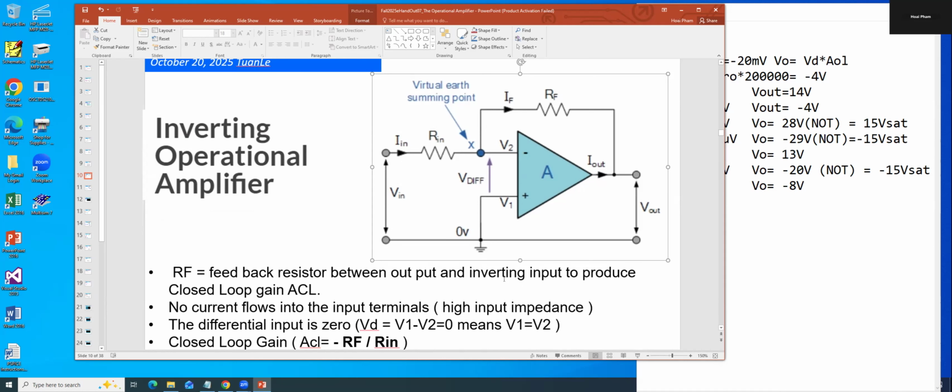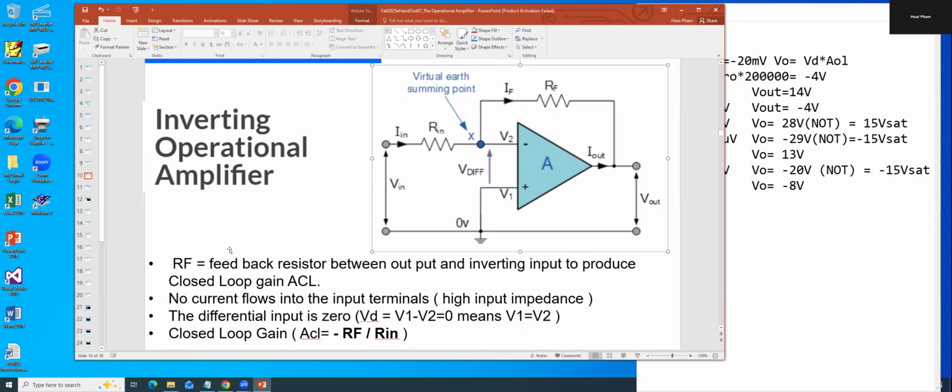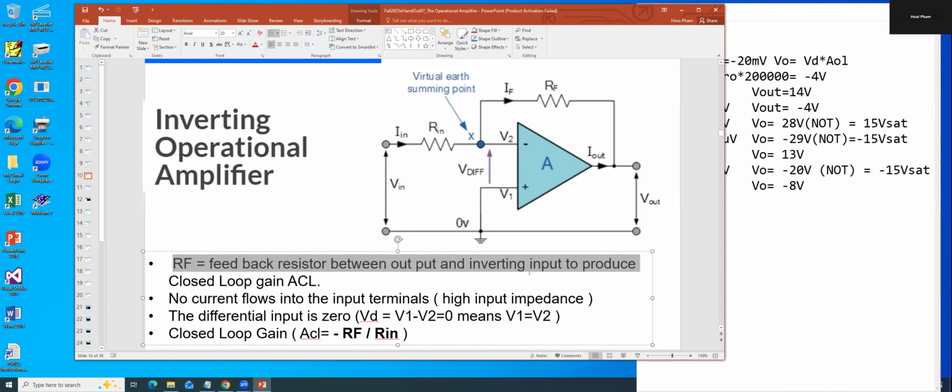Now they try to explain to you. RF, feedback resistor, between output and input, produces closed loop gain ACL. Okay, A means gain, CL closed loop.